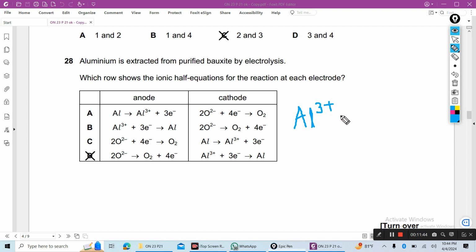At the cathode, the aluminum ion gains 3 electrons to form molten aluminum. This is a reduction reaction occurring at the cathode. At the anode, oxide ions lose 4 electrons to form oxygen gas. This is an oxidation reaction, as oxide ions lose electrons.